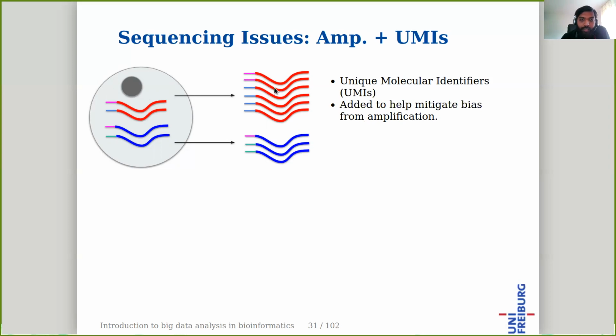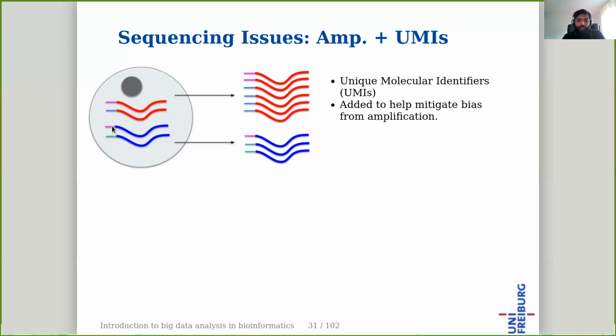So here, what you can see after amplification is that there are 2 red transcripts with a UMI attached in front, which is pink here. The remaining 4 red transcripts contain a blue UMI.